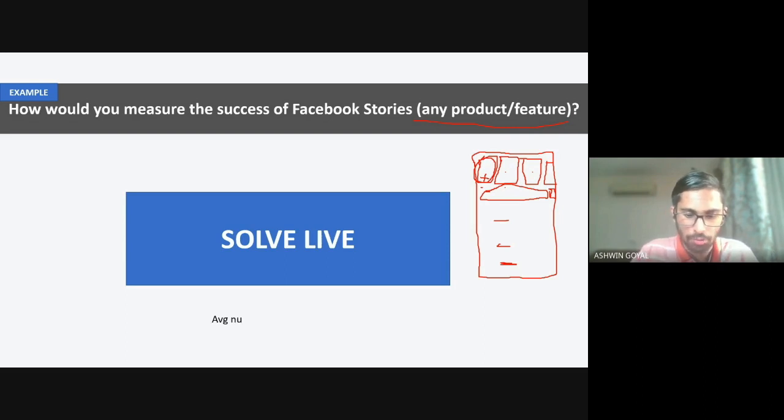Average number of stories watched per day by one person. Right? This can be one metric.